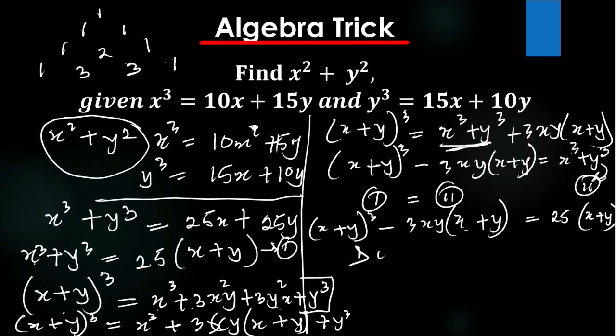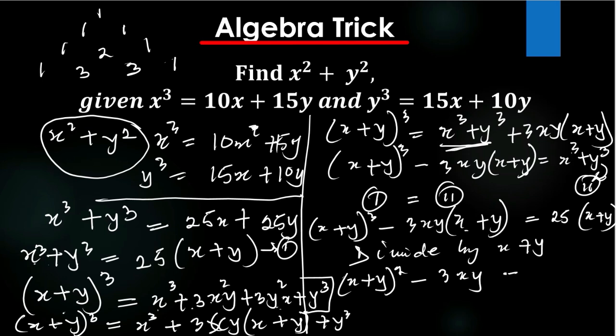So the next thing I want to do, I want to divide all through by x plus y. So when I do that, it will reduce this to x plus y raised to power 2 minus 3xy equals 25. Let me call this my equation 3.